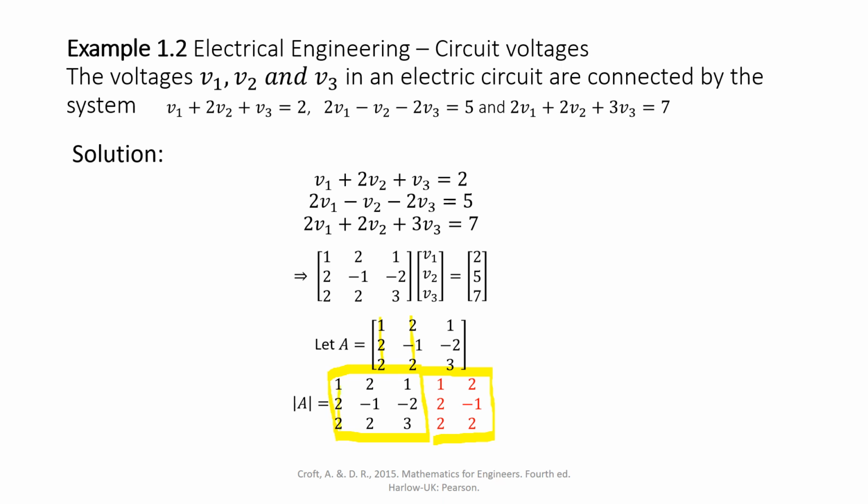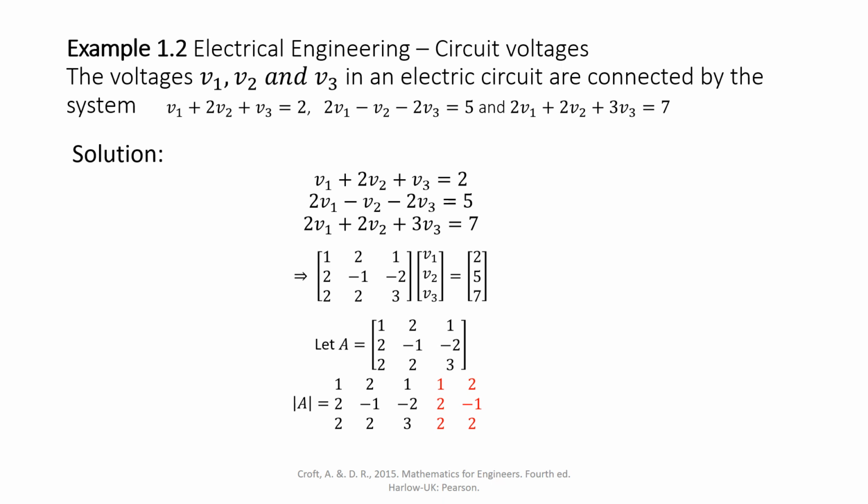Look, first and second column repeated. So write the A numbers, and then the first 2 columns. All the time the first 2 columns in 3 by 3. Okay, so red letters mean they have been repeated.